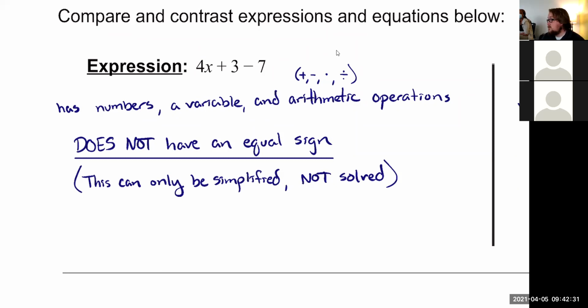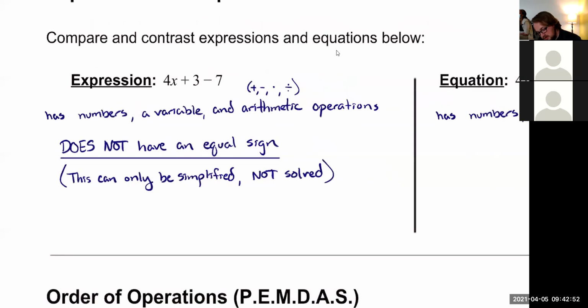But you cannot solve it, which means that unknown piece, that variable, that value that's missing, we're not going to be able to figure out what it is. Because an expression is just a relationship, but it's not a comparison to where we can actually evaluate to find that missing piece.